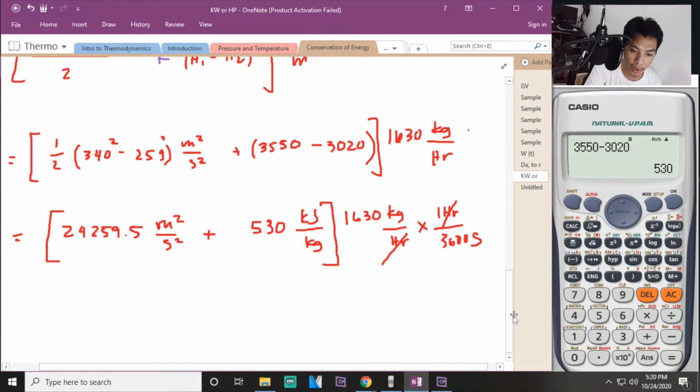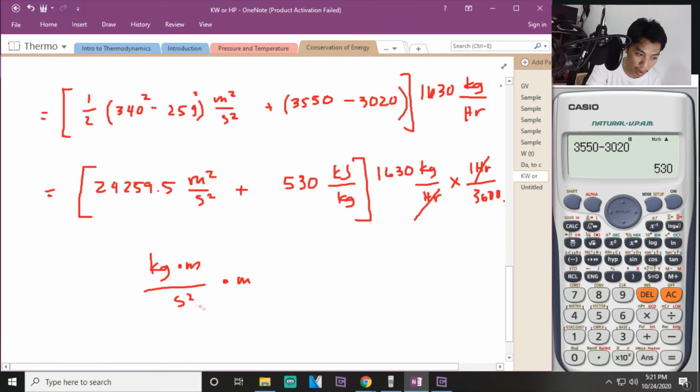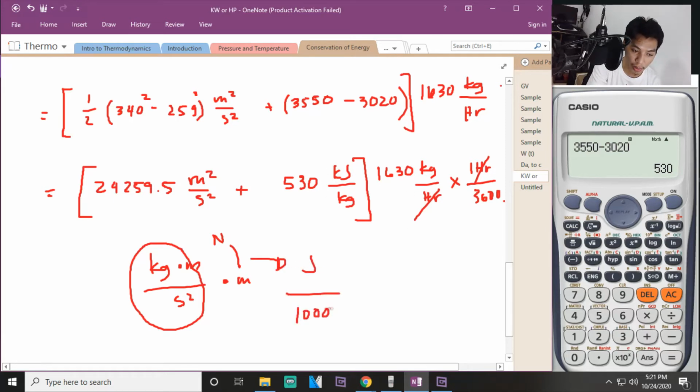Cancel natin to. Diba, kilogram, meter, per second squared. Ayan, may natirang meter pa. Itong buong to, kilogram meter per second squared is in Newton. Correct ba? Newton. Tapos ito, Newton meter, pag pinagsama mo, will become joule. Yan kailangan natin kilojoule. Kaya i-divide natin ng 1,000 joule per kilojoule para maging kilojoule.